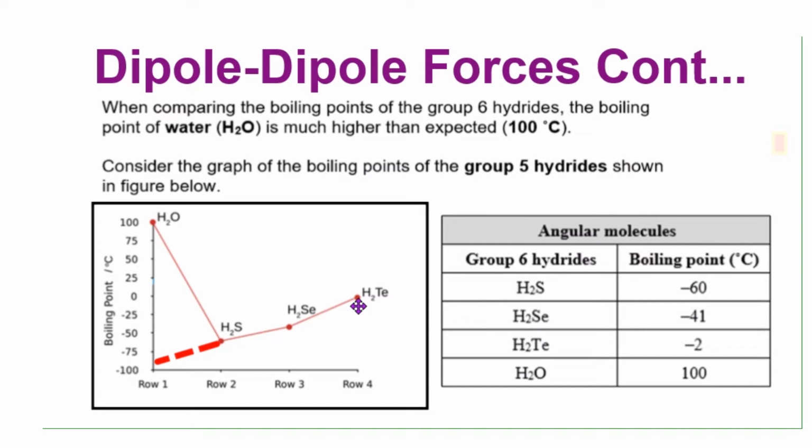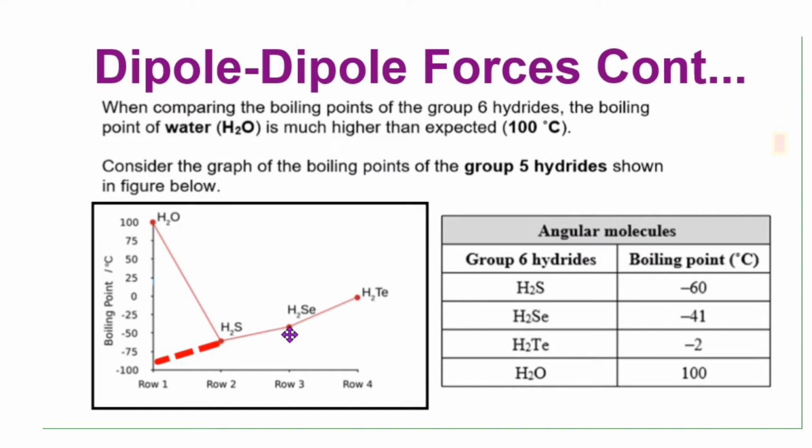If the molecular mass increases, then we know the electron cloud density increases, which results in an increase in the strength of the intermolecular forces, and therefore more energy is required to break the intermolecular forces, and therefore the boiling point increases. Now H2O has the lowest molar mass in this group.